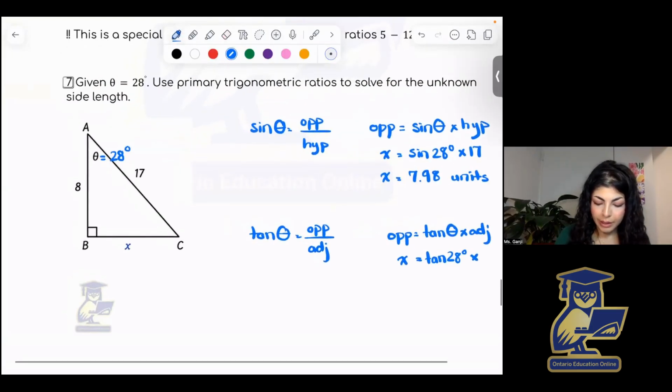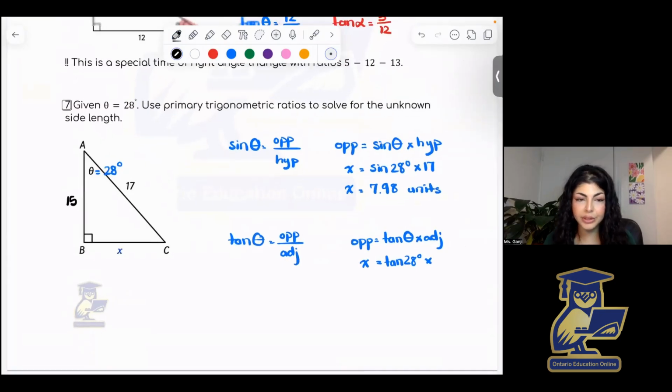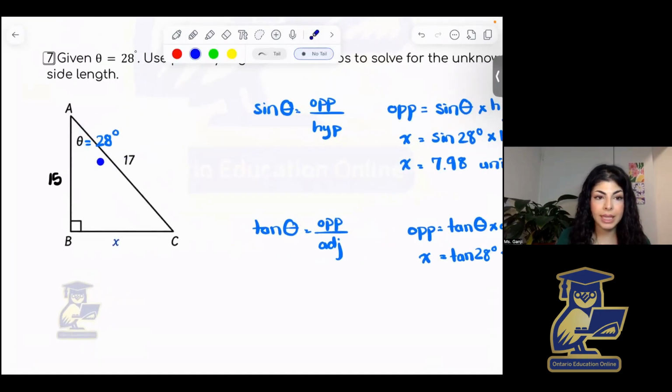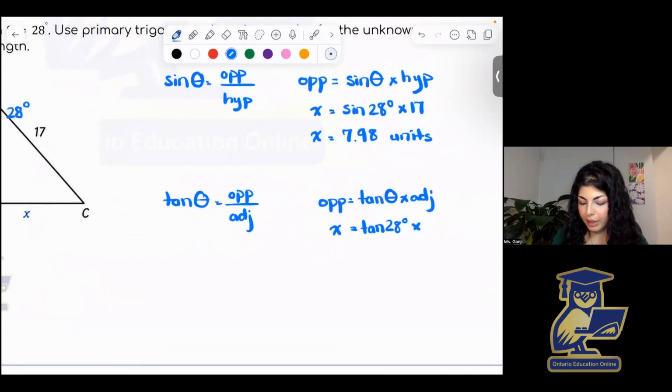Actually, a minor correction here. This is incorrect. This one should be 15 for this to work because the ratios have to hold based on this angle. And if I have this angle 28, 8 over 17 would not be the cosine. So this has to be 15 because as I was solving, it wasn't working out. There we go.